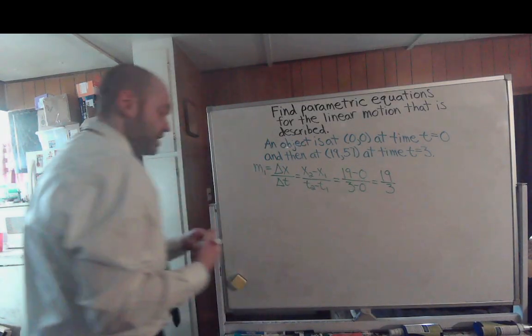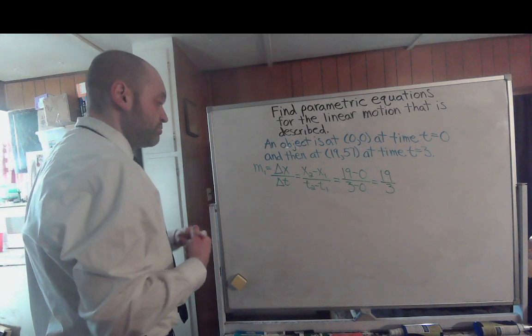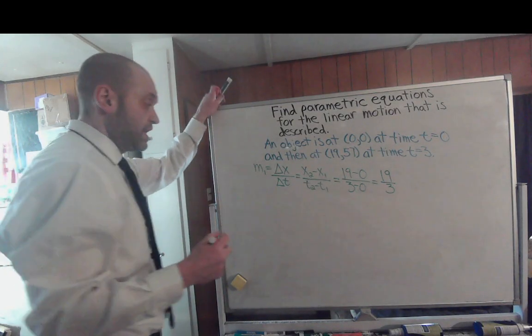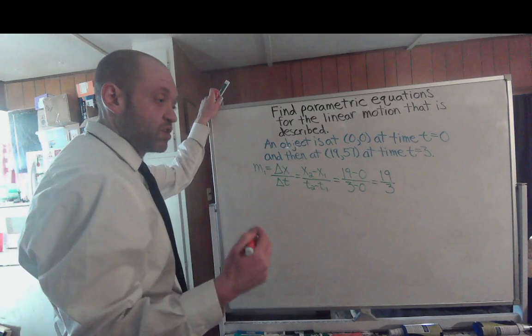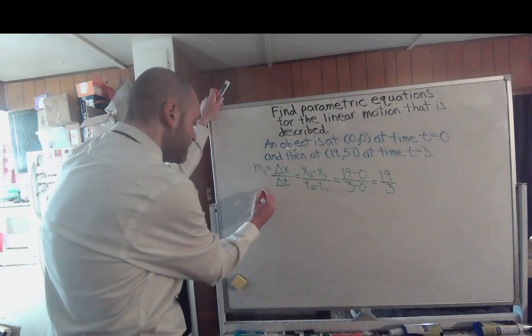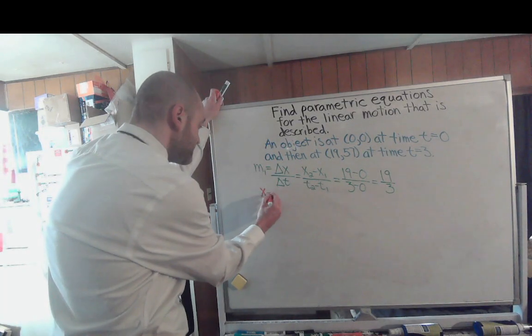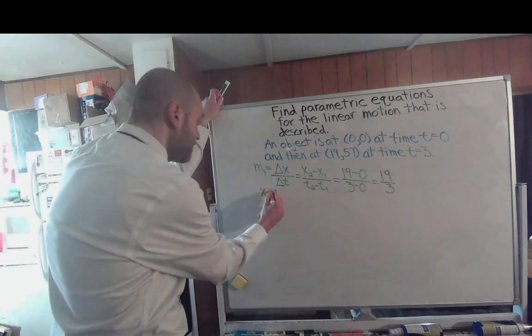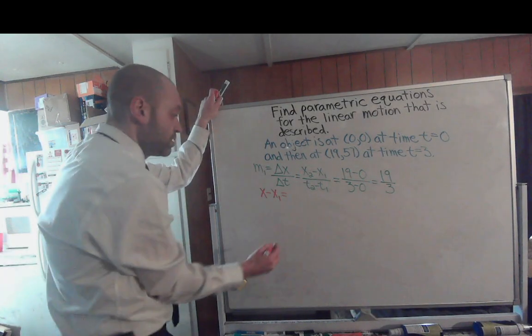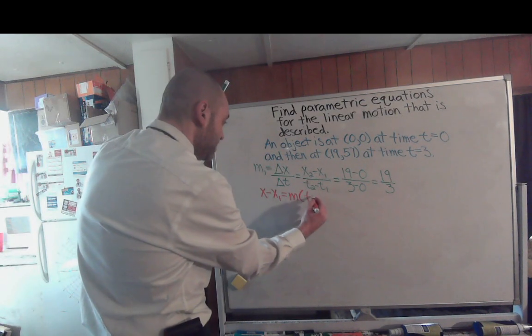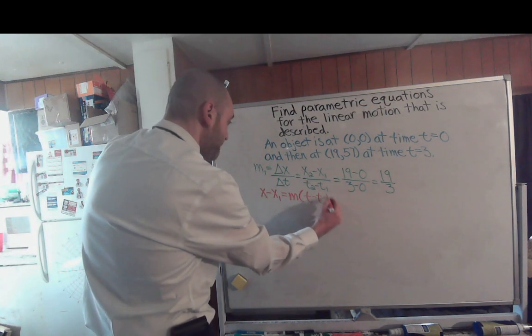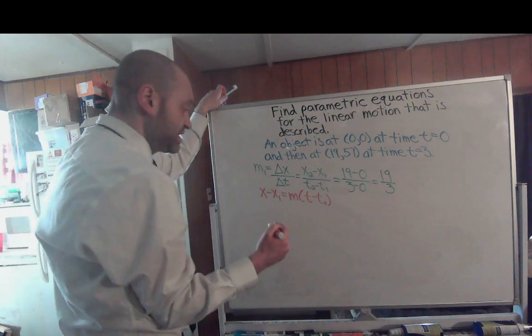And then from there, you should be able to get an equation for your x. You're going to do this much the same way in point slope form. So you would take x minus your x1 equals your m times your t minus your t1, which can be really simple in this case.